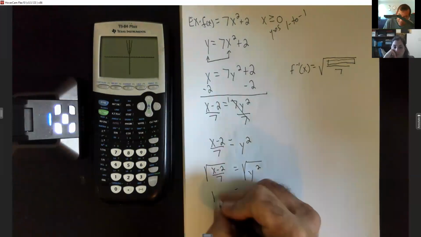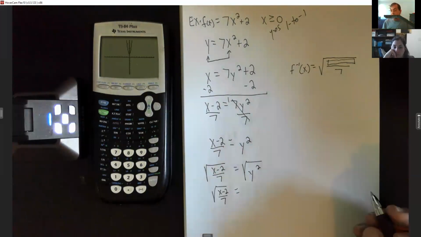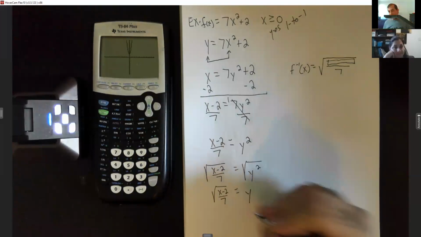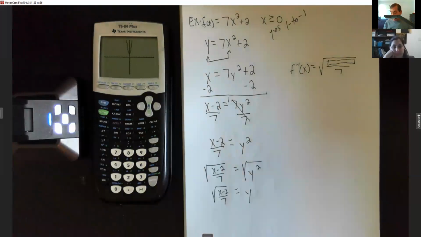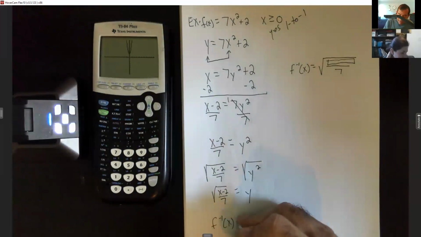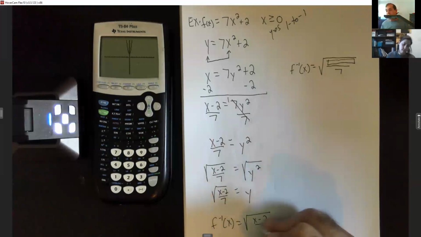So that's going to stay x minus 2 over 7. But the square root of y squared is a y. So y'all, that's done. So replace that with your f inverse of x. And then that gives me a square root of x minus 2 over 7.